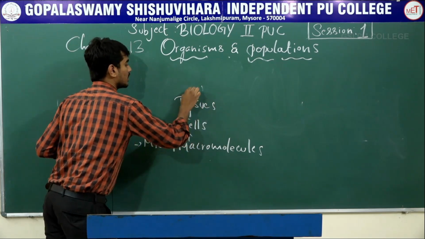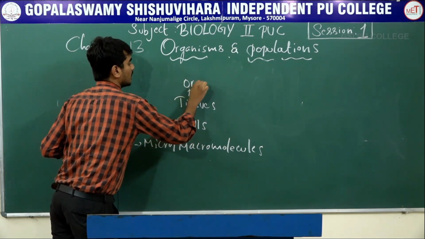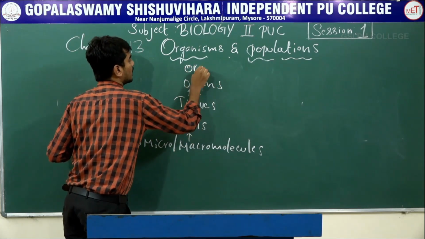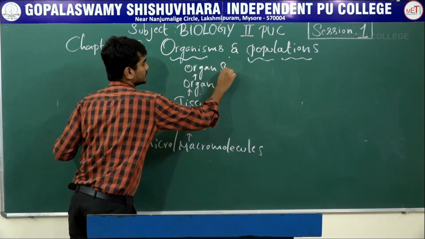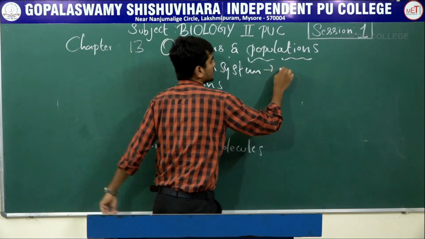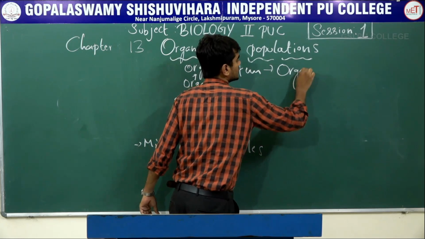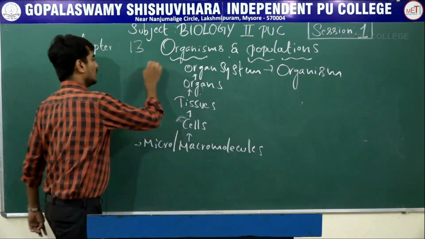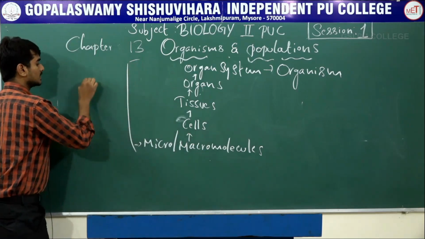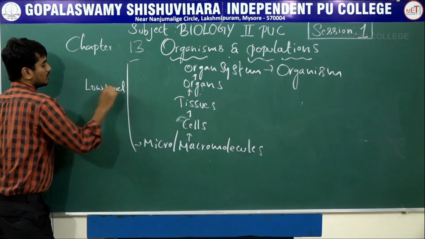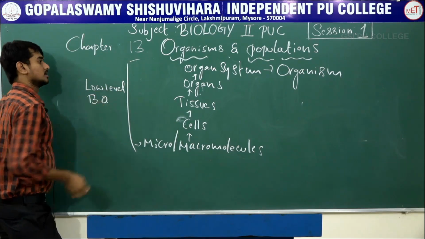The tissues aggregate to form organs. The organs aggregate to form organ systems. Finally, these organ systems become organisms. So this is called the lower level of biological organization.